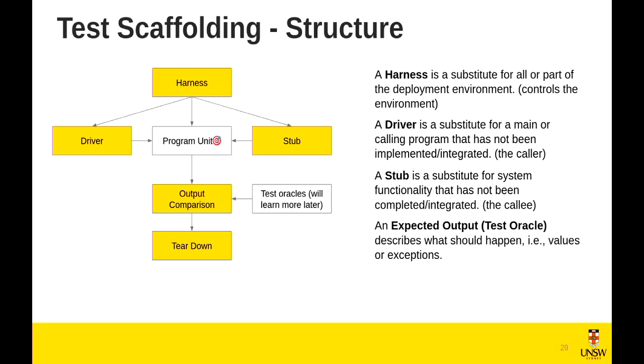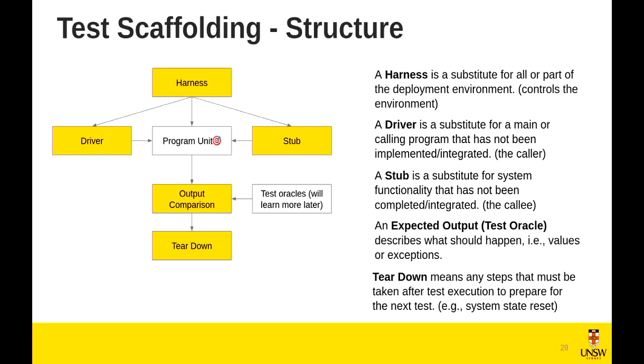So it's like telling us what is the ground truth, or telling us when an error occurs. And of course, the last part, which is most of the time optional, is to tear down the test case. These are the steps that we need to get the entire system ready for the next round of testing.